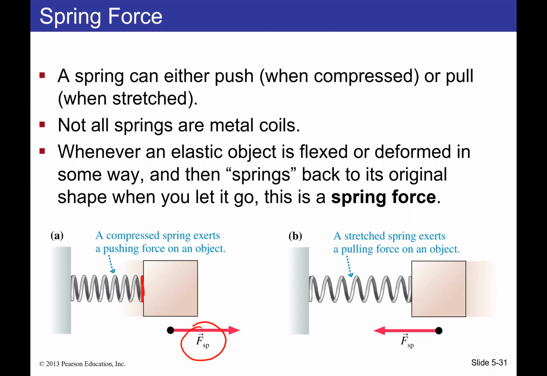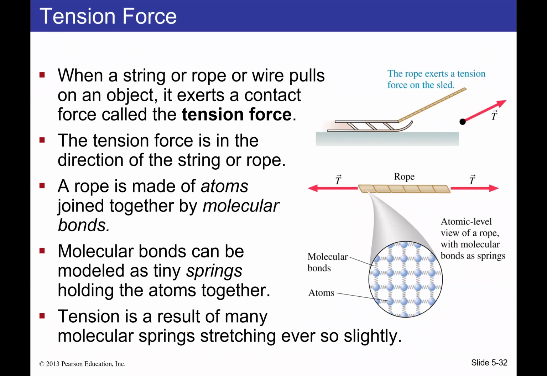All right, the next one is tension, which I already mentioned. If you have a force by a rope or a string or a cable or a chain, then that is known as a tension force. The tension force is always in the direction of the string, rope, or cable.